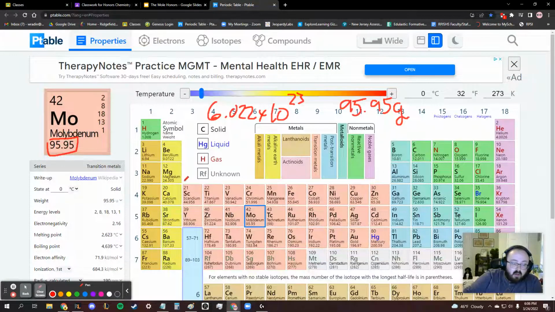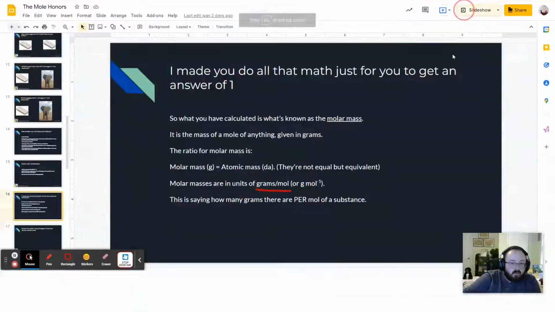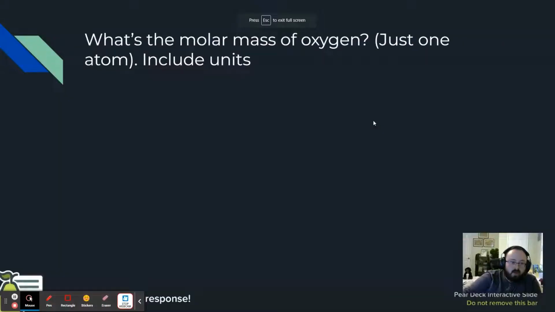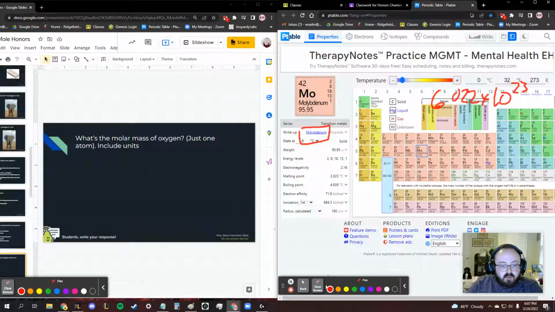Okay? The other thing for when we're calculating, I'll go on here, when we are calculating molar masses. If we take just oxygen, for example, and I'm going to actually pull up side by side, I want to have a whiteboard, and I want to have the periodic table. Okay, so if we have this side by side, and we click on oxygen. Here's oxygen.